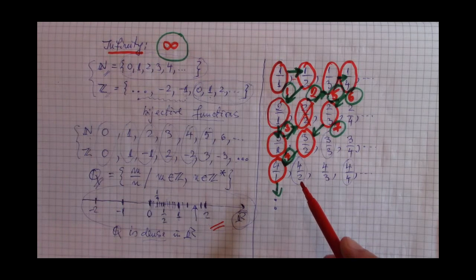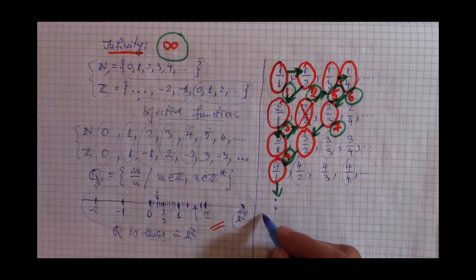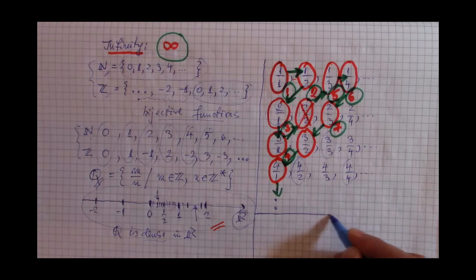So again, another idea showing that infinity is a little bit tricky to deal with. Sets that appear big are not necessarily bigger than sets that initially appear smaller. So infinity is a little bit tricky.